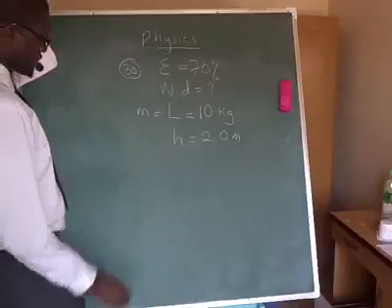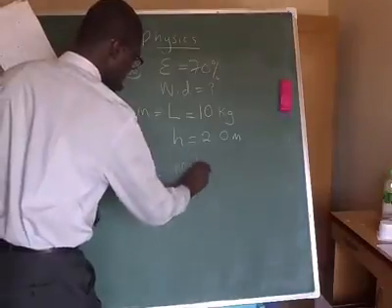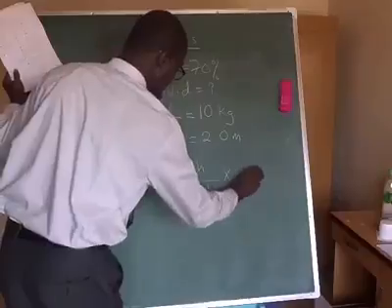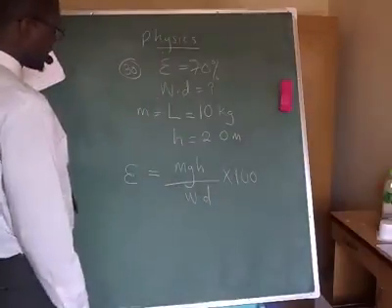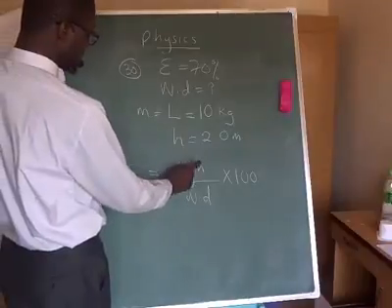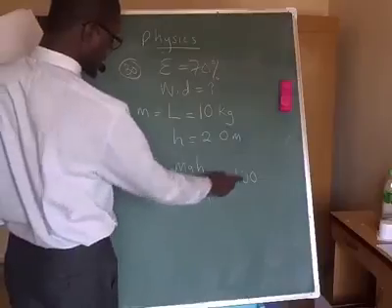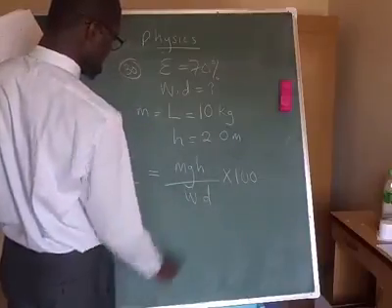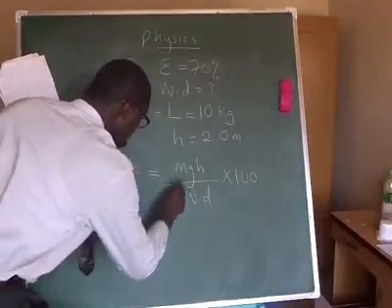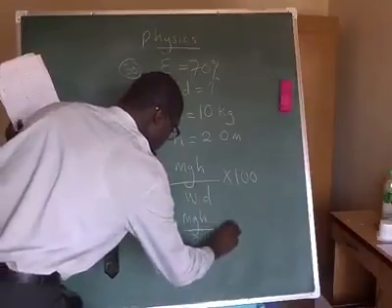Now, we use the relation that says efficiency is equal to potential energy, mgh, over work done, multiplied by 100%. So our efficiency is given. We have mass, acceleration due to gravity, of course, is 10. Height is 2. So we are looking for WD. If I make WD subject, work done will be equal to mgh over efficiency times 100.